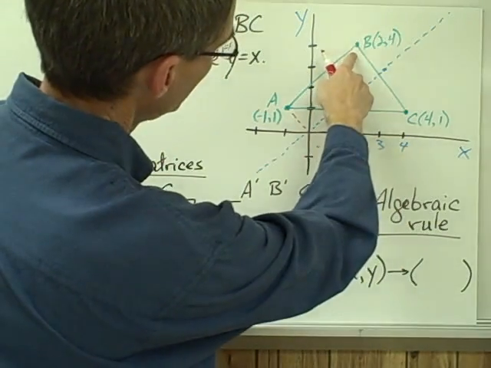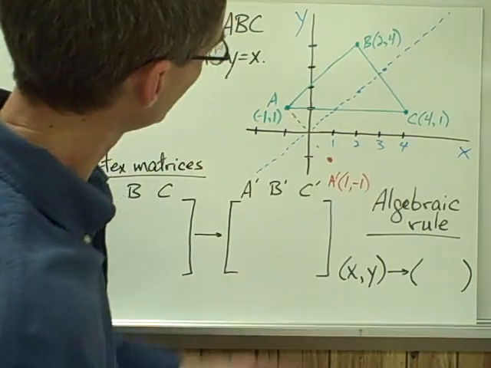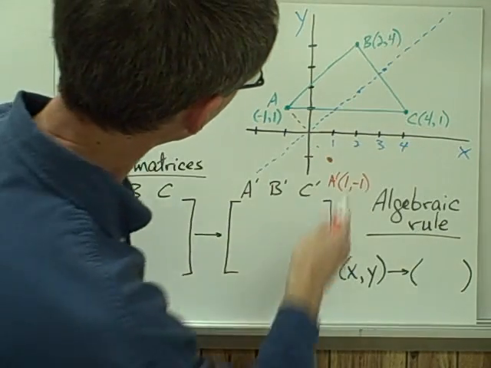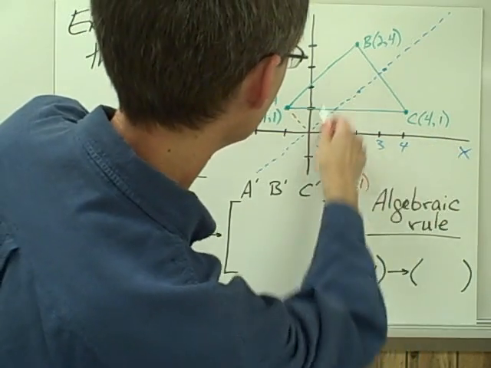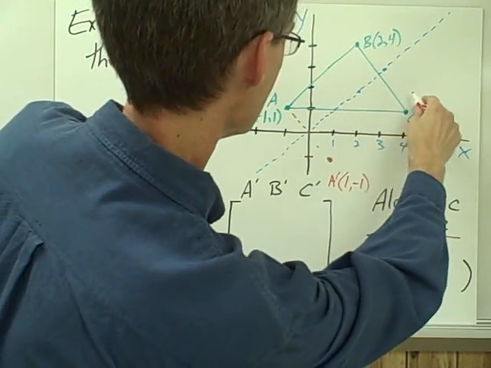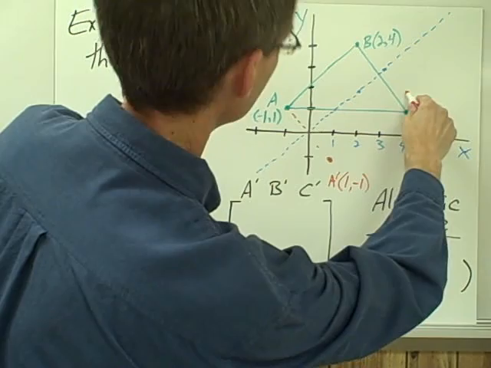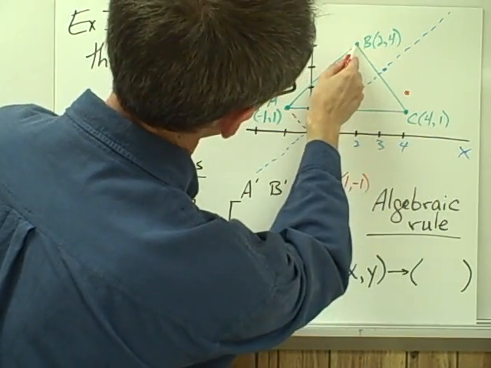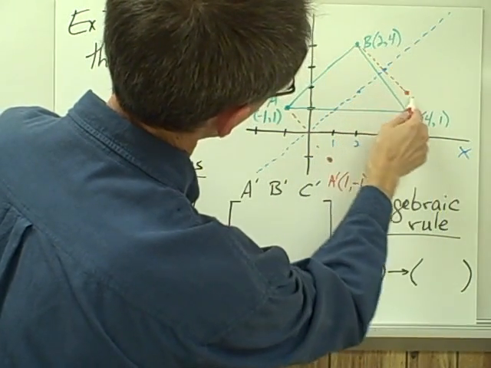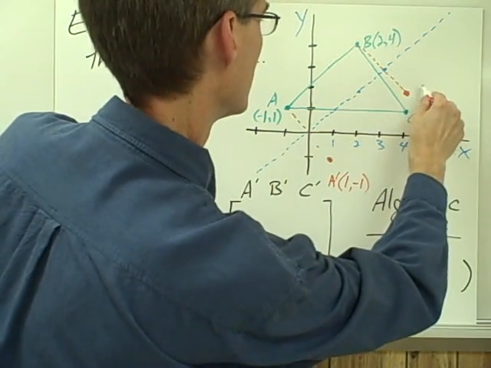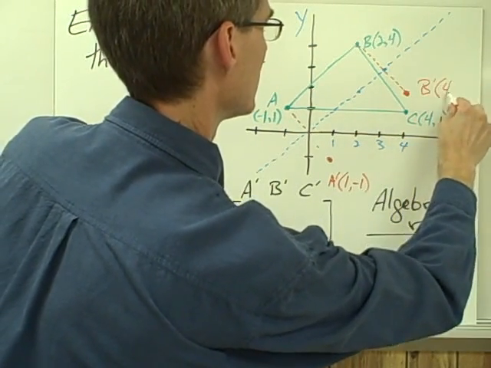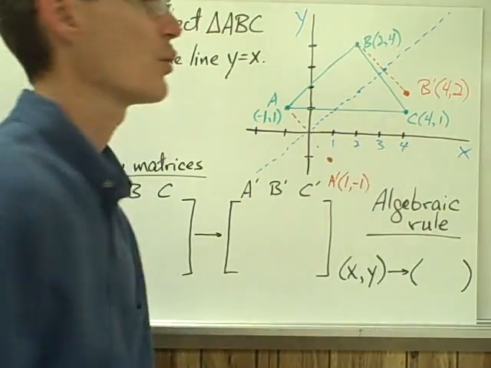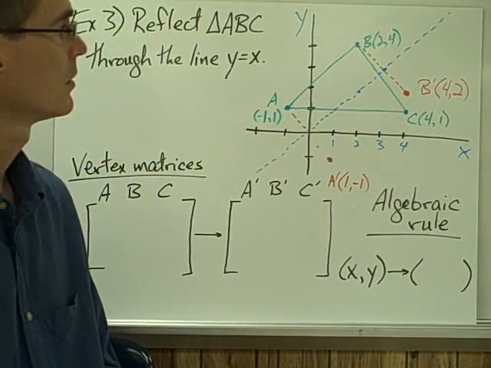And point B, I want to reflect that across this line here. Point B is going to become point 4, 2. It's going to go to this point right here. So this will be B prime, which has coordinates 4, 2.